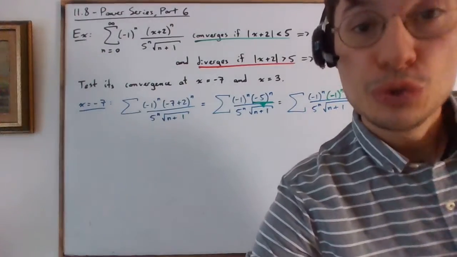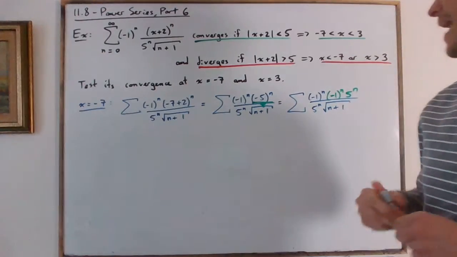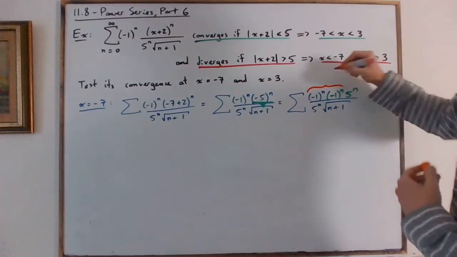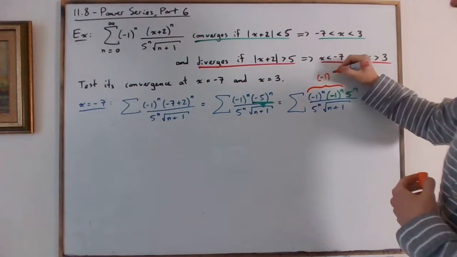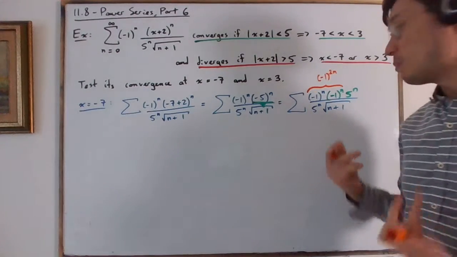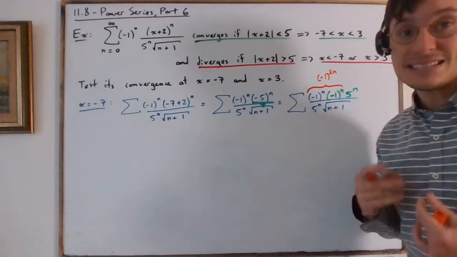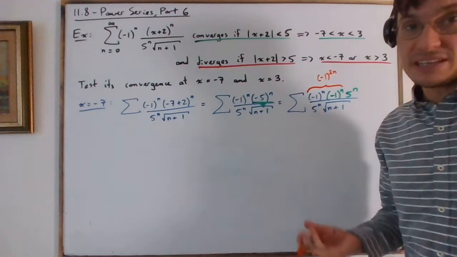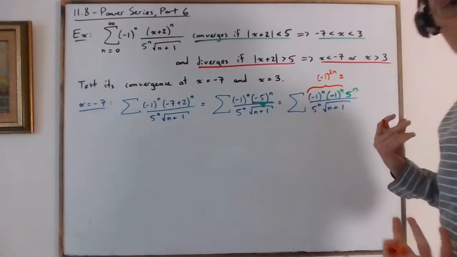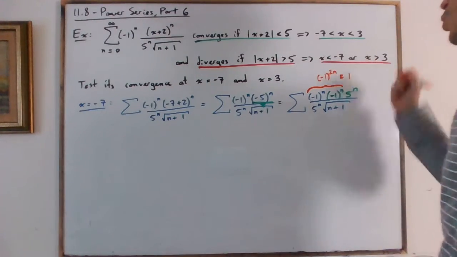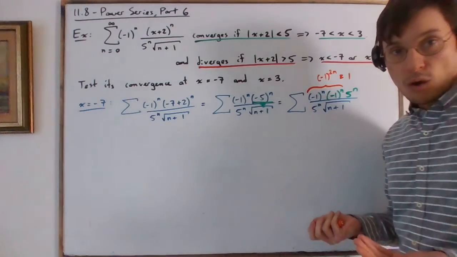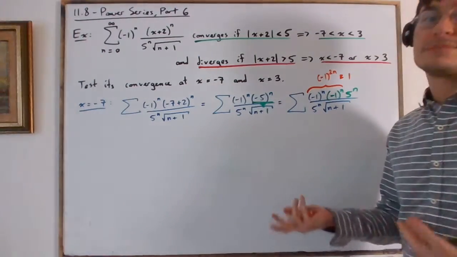And now two very important things happen. The first one is here. These two things combine: you have -1 to the power of 2n, n plus n. But 2n is even regardless of the integer n. So -1 to the power of an even number will give you 1, because you either have 1 times 1 or -1 times -1.